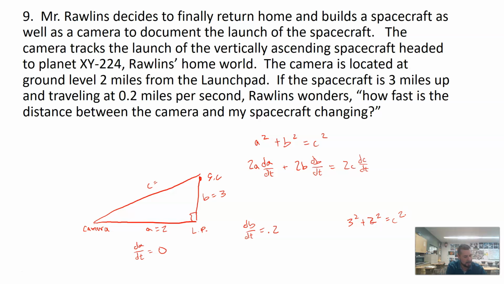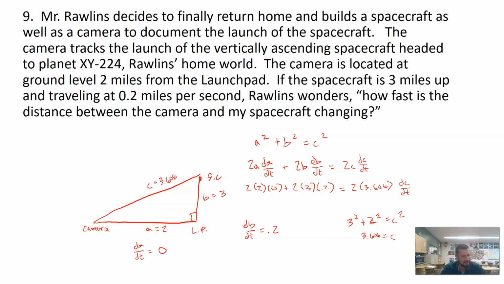So 3 squared plus 2 squared, then I take the square root of that, and I get that C is equal to 3.606. So that's what that side right there is. Now I just go plugging in everything that I know. 2 times 2 times 0, plus 2 times B, which is 3, times dB/dt, which is 0.2, equals 2 times C, which is 3.606, times dC/dt. Then I just figure out what these are.